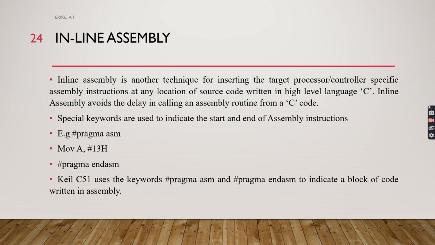Special keywords are used to indicate the start and the end of assembly instructions. So if you are using inline assembly inside of your C, you are going to use these keywords to indicate where your assembly is.